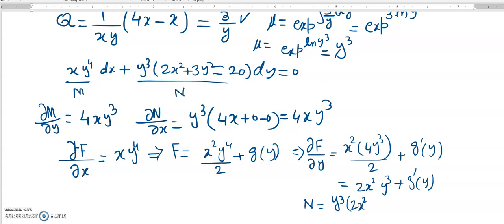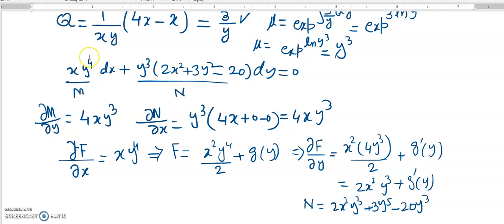Let's write the full function without the parentheses. So this N function is 2x square y cube plus 3y power 5 minus 20y cube.